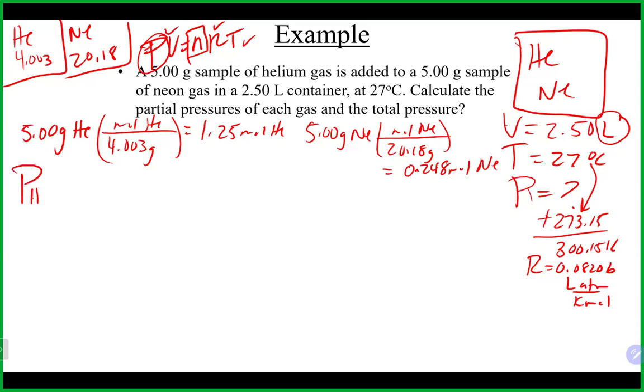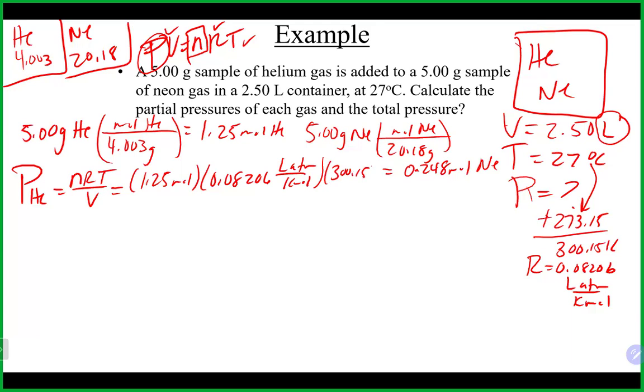So we'll start with our helium here. So P of helium will equal nRT divided by V. Putting in our moles of helium, our gas constant, and our temperature, all divided by our volume of 2.5 liters. Liters will cancel, moles will cancel, Kelvin will cancel.